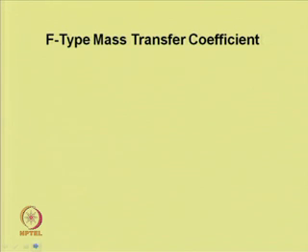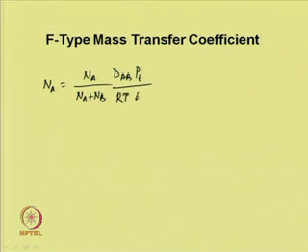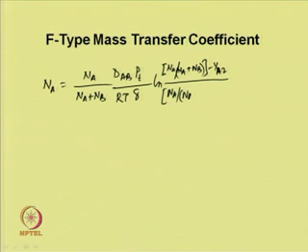Now, there is another type of mass transfer coefficient, which is F type mass transfer coefficient, and we know earlier we have derived the flux equation Na is equal to Na by Na plus Nb dAb Pt divided by RT delta ln of Na by Na plus Nb minus Ya2 divided by Na by Na plus Nb minus Ya1.